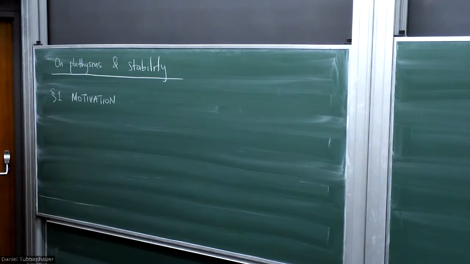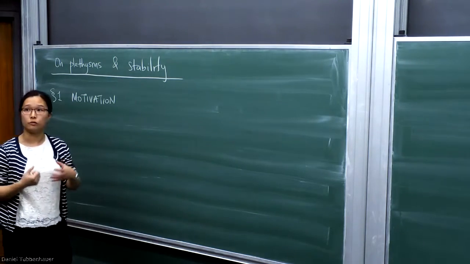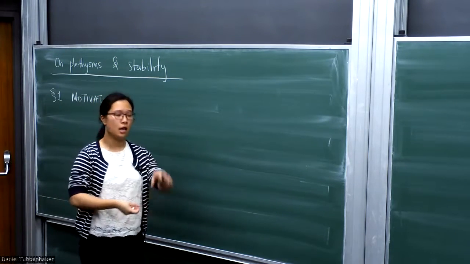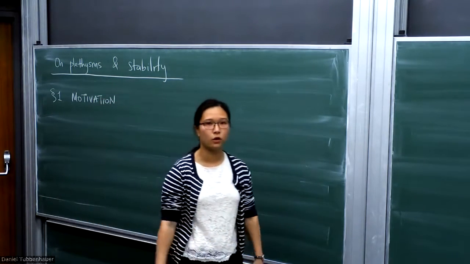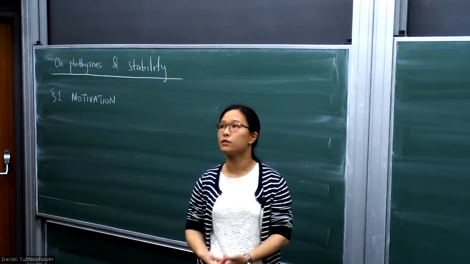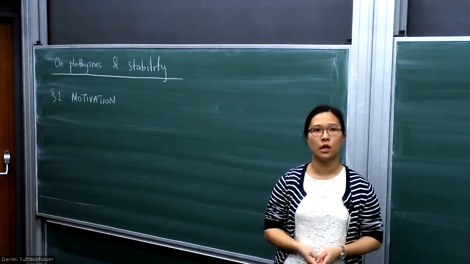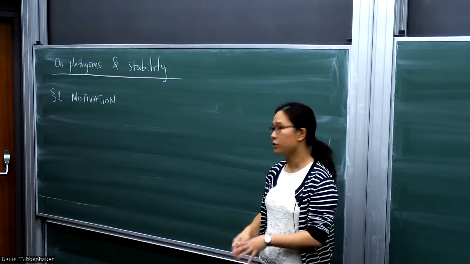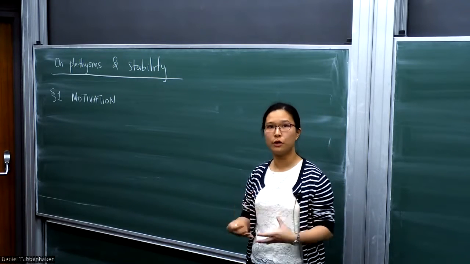First of all, plethysm is a kind of product of two symmetric functions. It was first introduced by Littlewood in the context of compositions of representations and general linear groups. But for today, we'll only be interested in taking plethysms of two Schur functions.